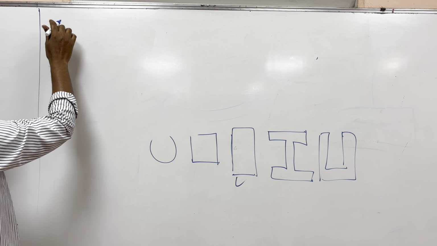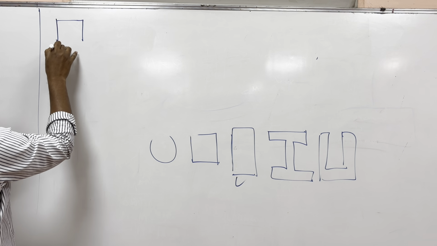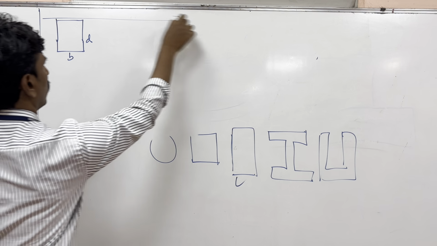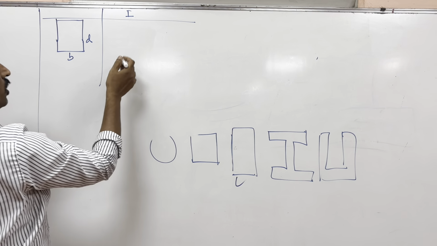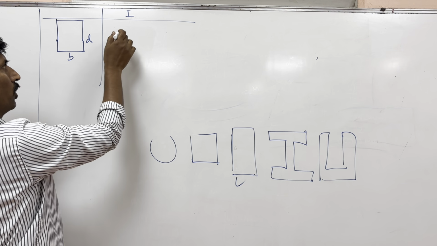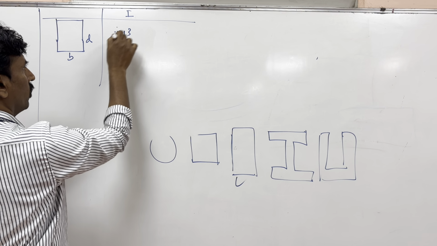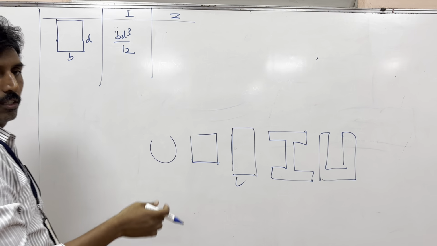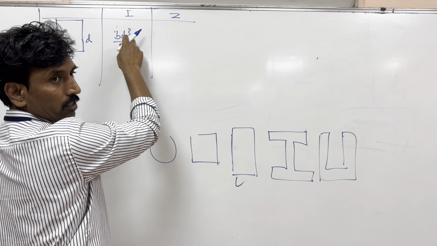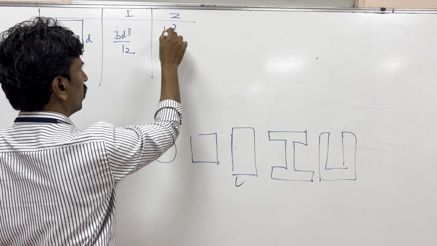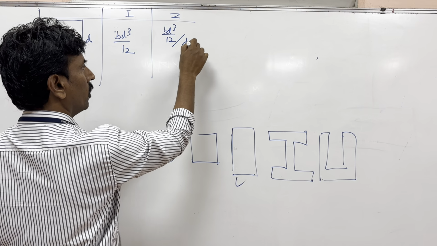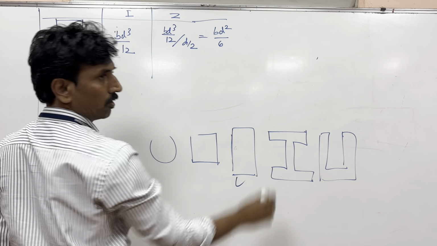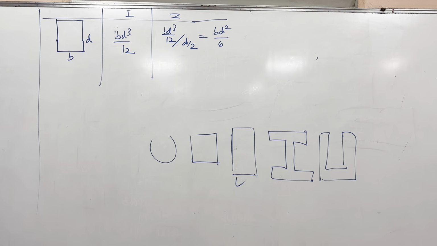So let us take a square or rectangle, B and D. For this, you have I. What is the formula for I for a rectangle? I is equal to BD cubed by 12. What is the formula for Z? Z is I by Y, that is BD cubed by 12 divided by D by 2, which becomes BD squared by 6.